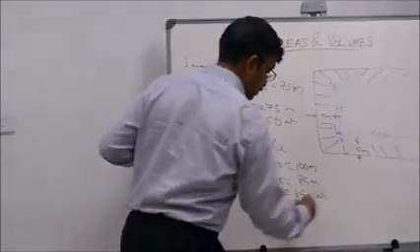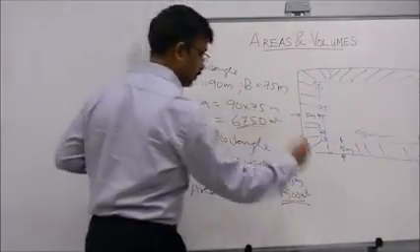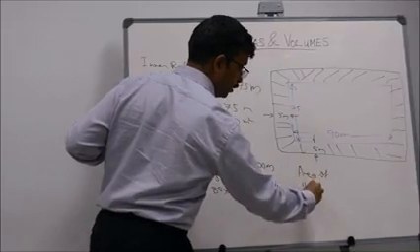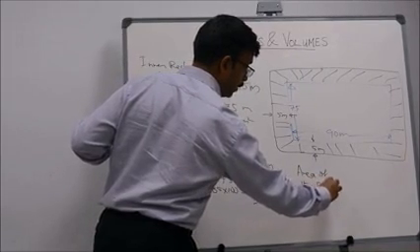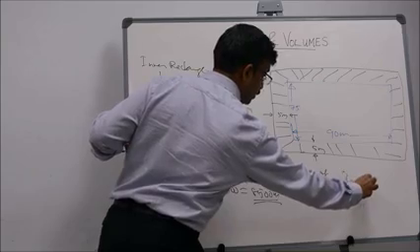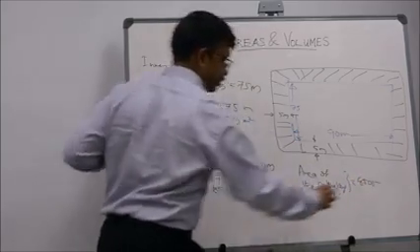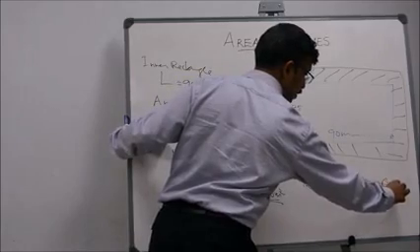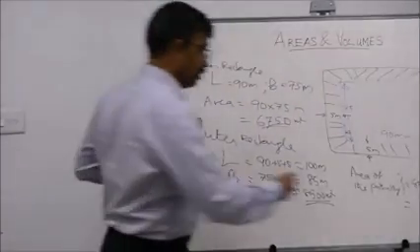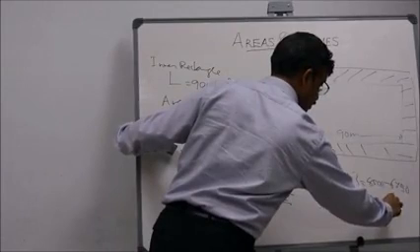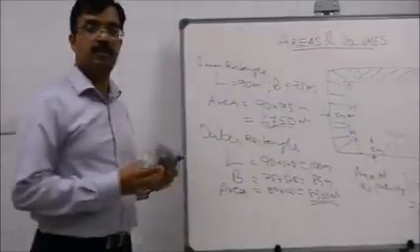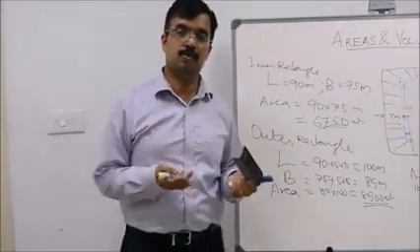So let's use this and this, which is the area of the pathway: 8,500 minus 6,750, which comes to 1,750 meters square. So the option which shows 1,750 meters square is the right answer.